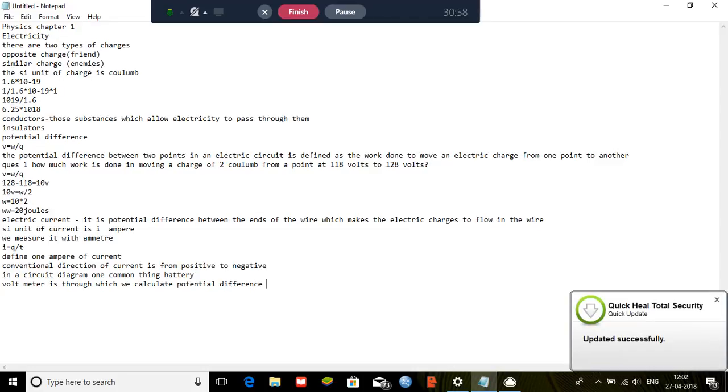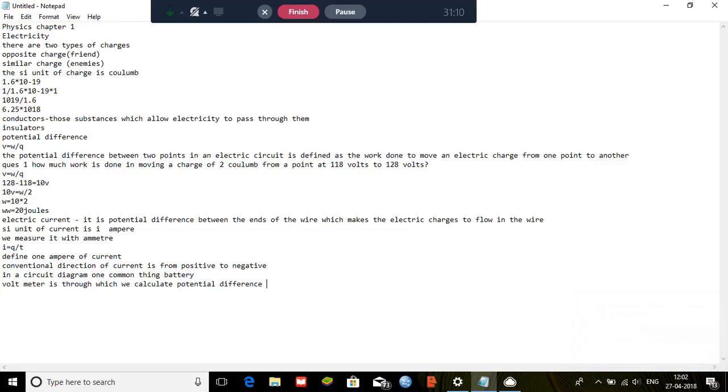To calculate the potential difference, you need to keep in mind that the voltmeter is always connected in parallel with that resistor. I'll tell you how to connect in parallel and how to connect in series, right? But when you learn these electric circuit diagrams, as we're not doing it here, I'm really sorry for that, you will know how to connect it in parallel.